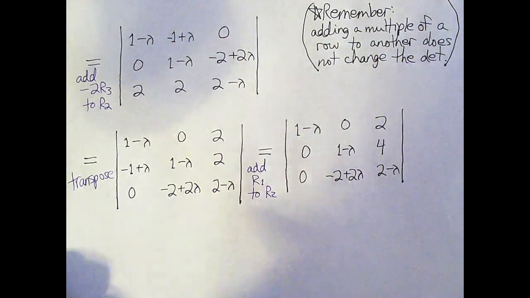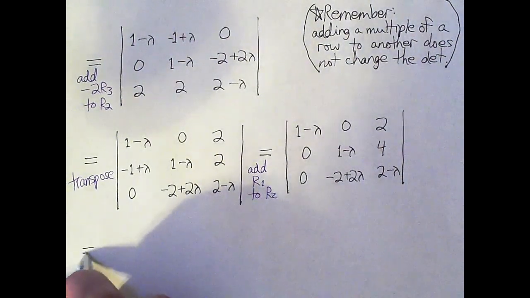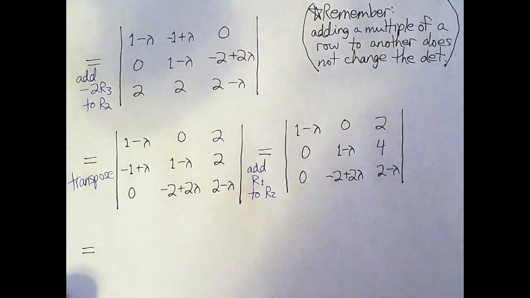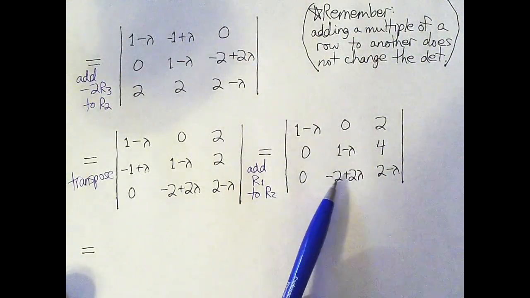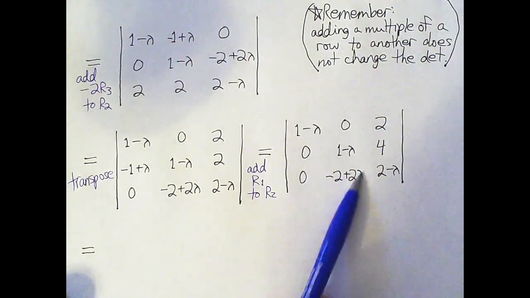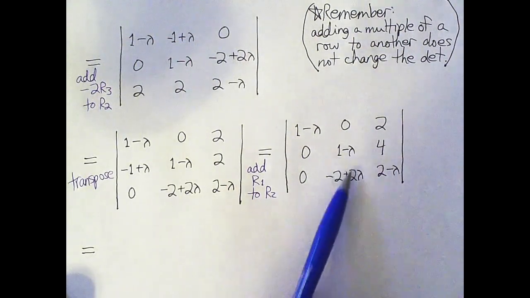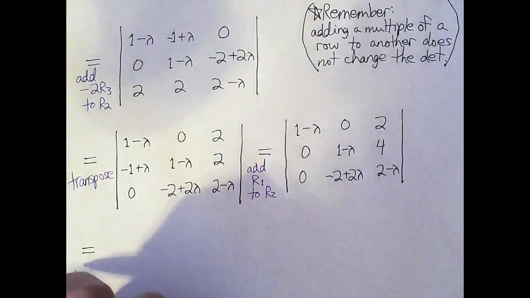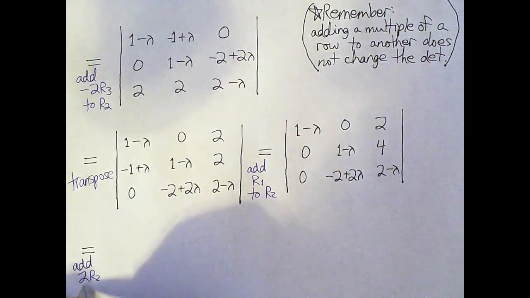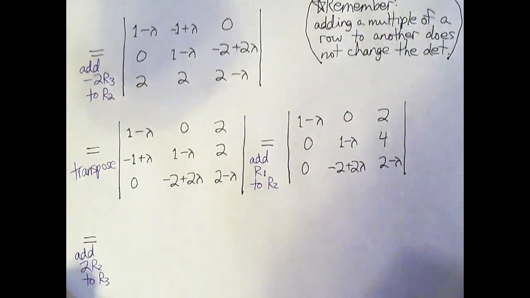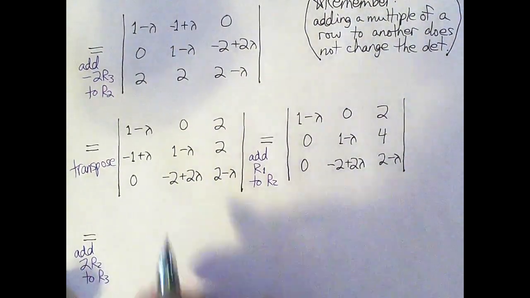But guess what? I'm not going to do that yet, because I see this 1 minus lambda and this minus 2 plus 2 lambda, and they kind of look similar to each other to me. They look like I want to add 2r2 to r3. Isn't that going to get us another 0?